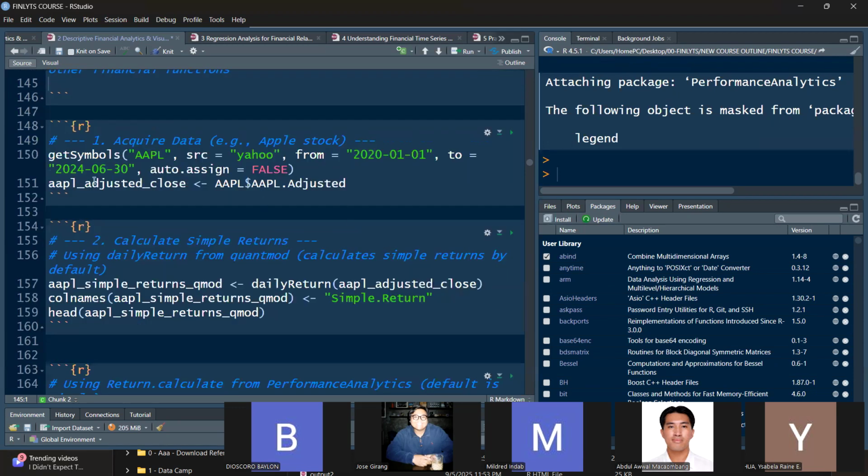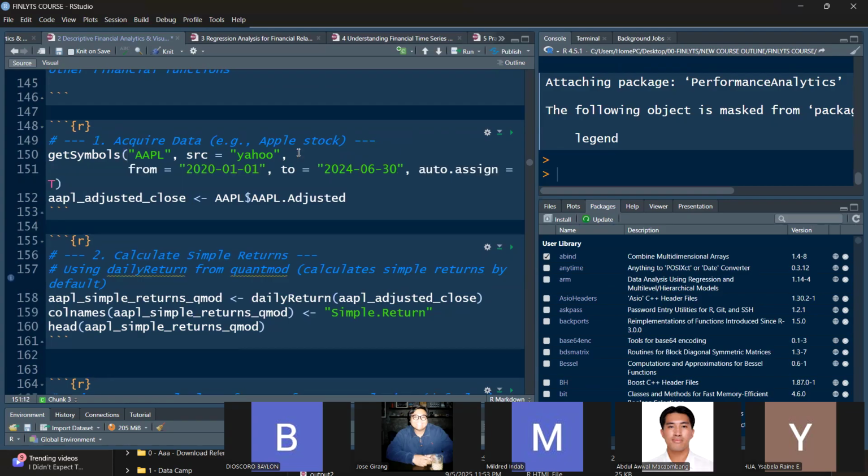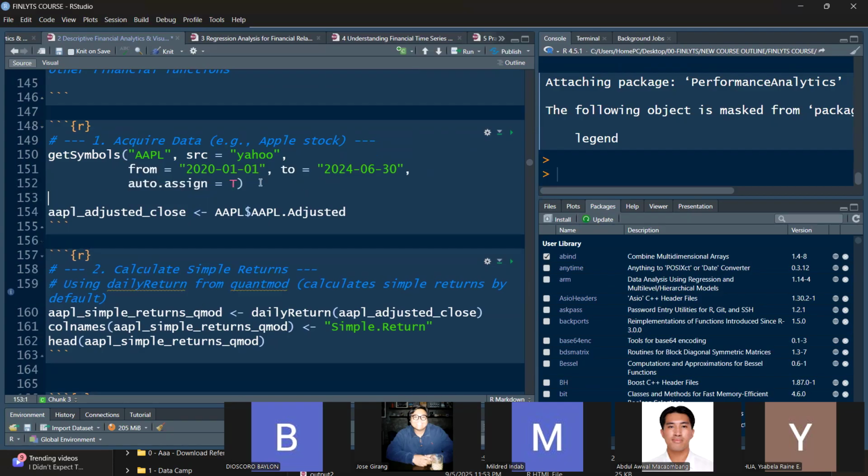So we're going to make use of the getSymbols function in acquiring data from several databases like Yahoo Finance. This is how you write the function, getSymbols, and then write the ticker symbol.